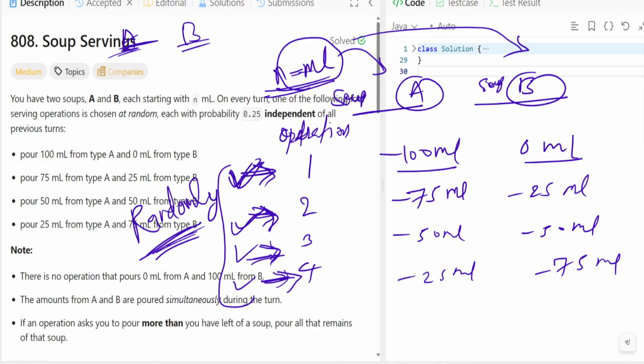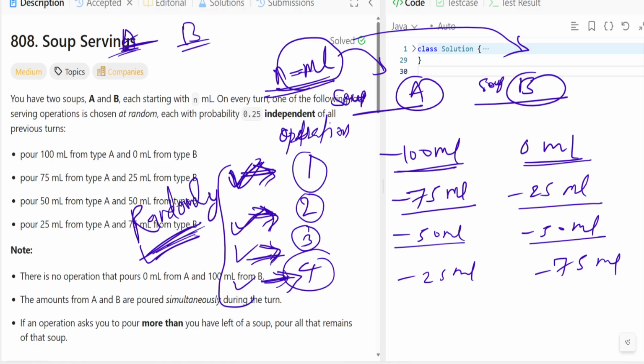Very first, on each turn we will use randomly any of these four operations. If we are choosing operation one, it means 100 ml from A and 0 ml from B. If you are using operation 2, you will use 75 ml from A and 25 ml from B. If you are using operation 3, 50 and 50, and operation 4, then 25 and 75. If you don't have enough ml left to pour, just pour what you can.